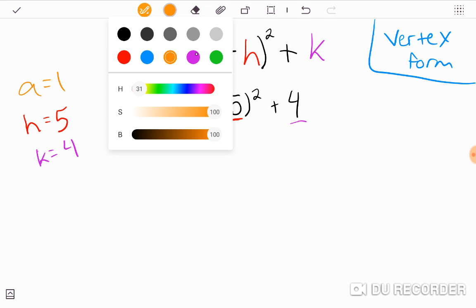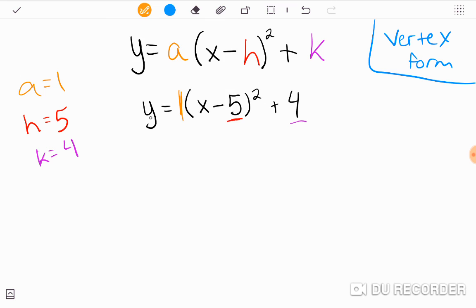Now, here's the cool thing about vertex form. Your vertex is h, comma, k.